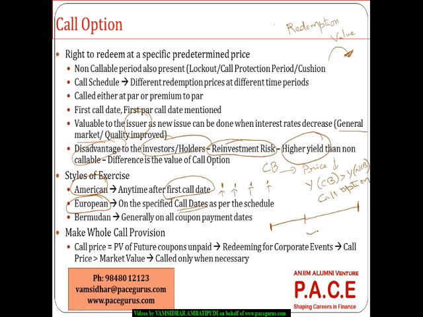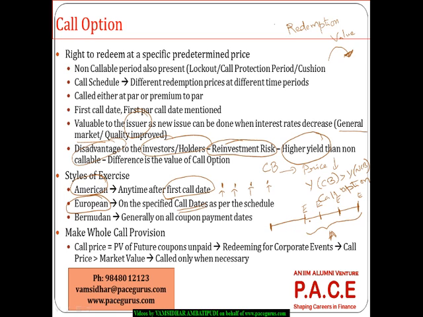In case of American, almost any of these days the call option can be exercised. Whereas let's say this is the second call date, this is the third call date. In case of European, only on these 4 days the call option can be exercised.